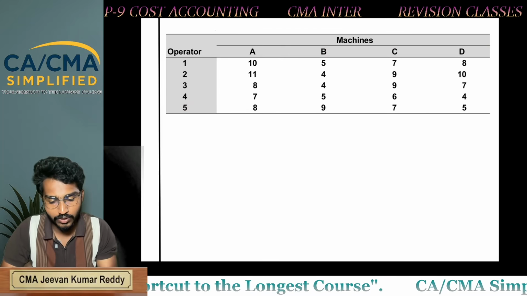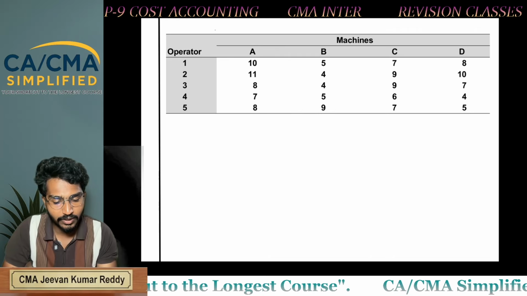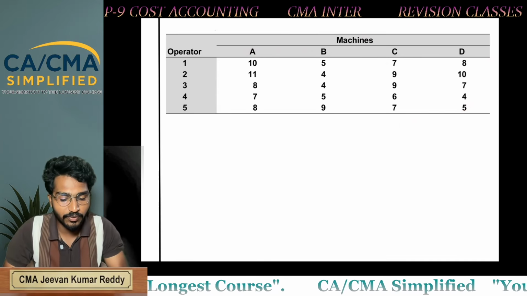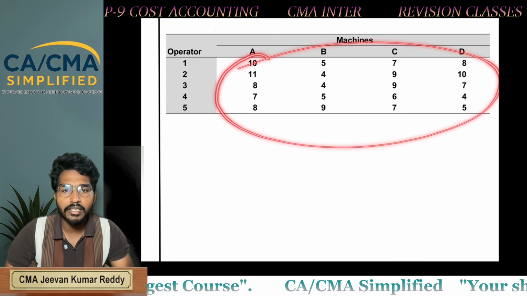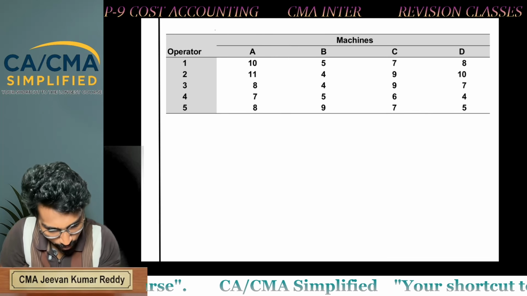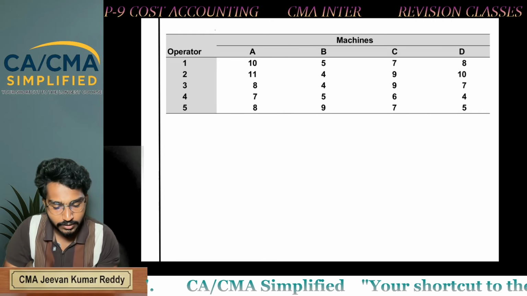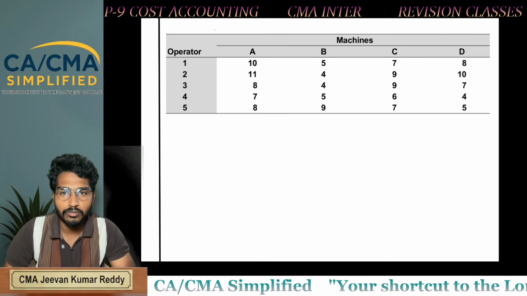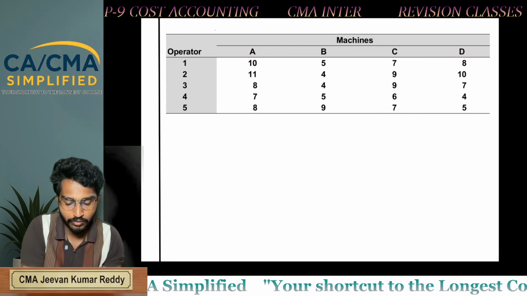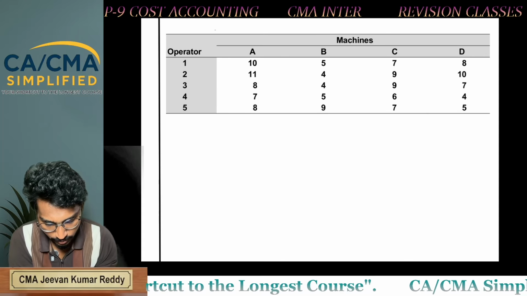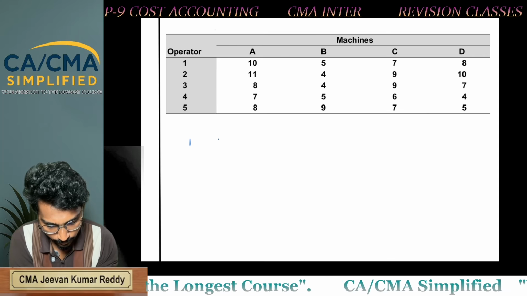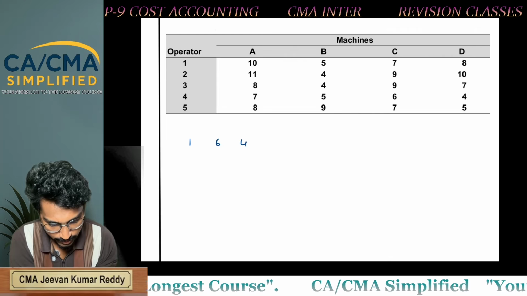5. Now first, what we need to do is convert this matrix into a loss matrix, because here they have given production. How to convert into a loss matrix? Take the highest number from the matrix and deduct all numbers from that highest number. So you will get 11 minus 10, that is 1. 11 minus 5, 6. 11 minus 7, 4. 11 minus 8, 3.